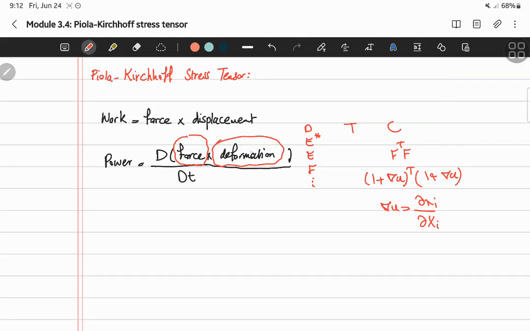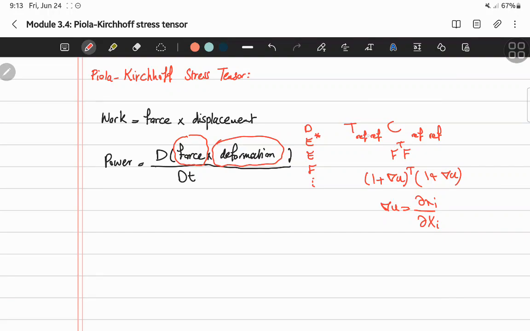For example, if you pick a deformation where both indices are in the reference configuration, you pick the corresponding stress tensor for the force where both indices are also in the reference configuration. So if the strain tensor has both indices in ref, you have to pick the one where both indices are in the reference configuration.